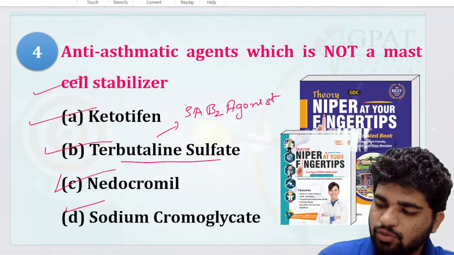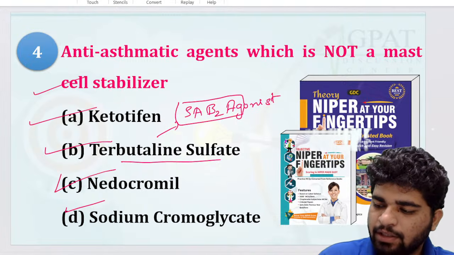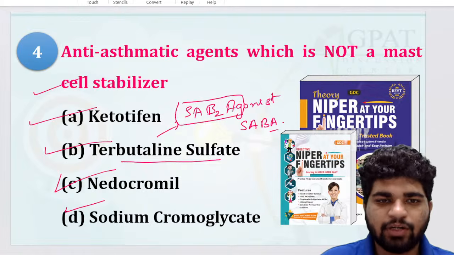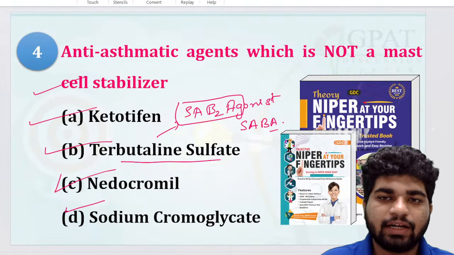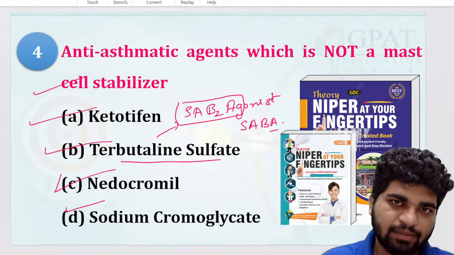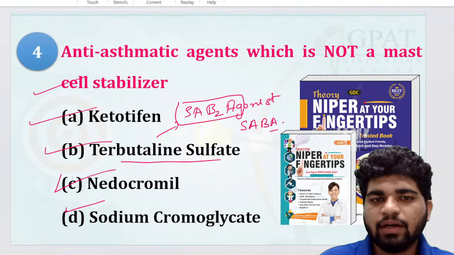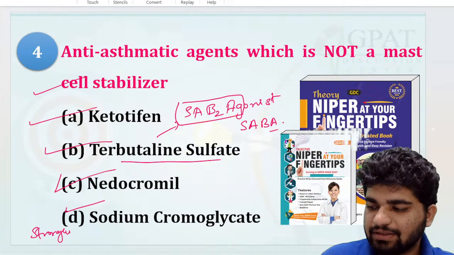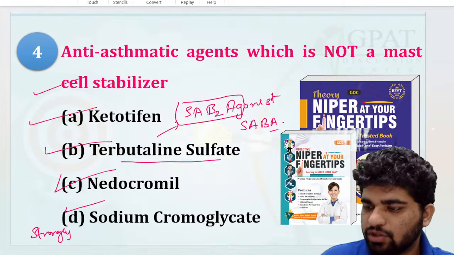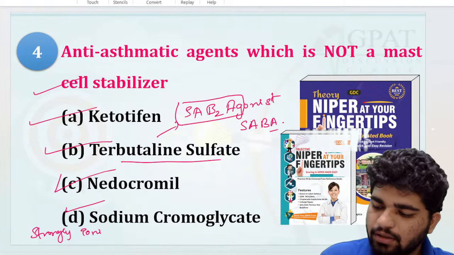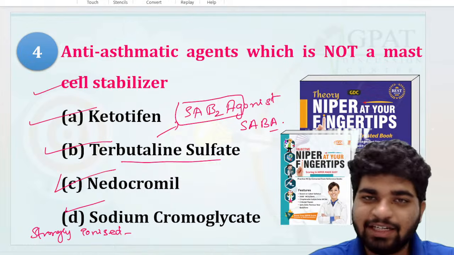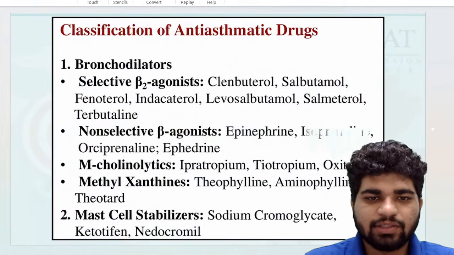That is why we know it as a SABA, short acting beta 2 agonist, that's your terbutaline. Ketotifen, nedocromil, and sodium cromoglycate are your mast cell stabilizers useful in asthma. Also, they are strongly ionized in nature, so they never get absorbed.